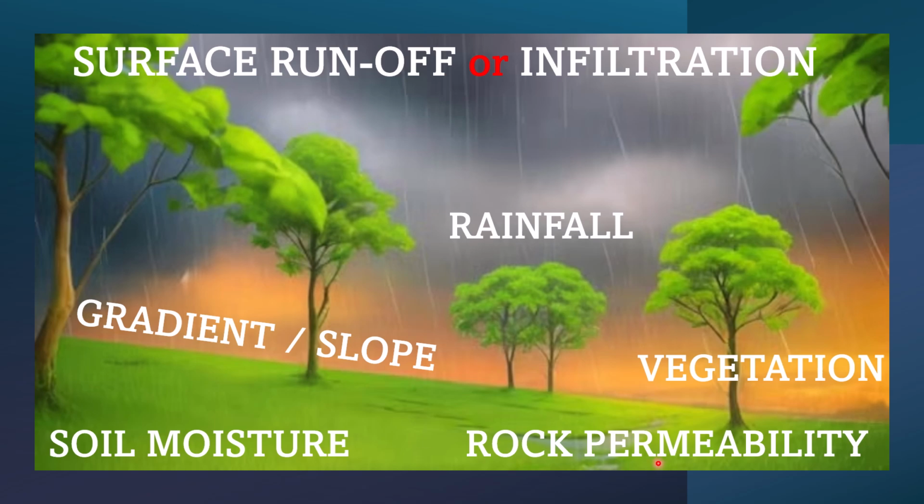In other words, these factors will determine whether we have surface runoff or infiltration: rainfall, gradient or slope, vegetation cover, soil moisture, and rock permeability.